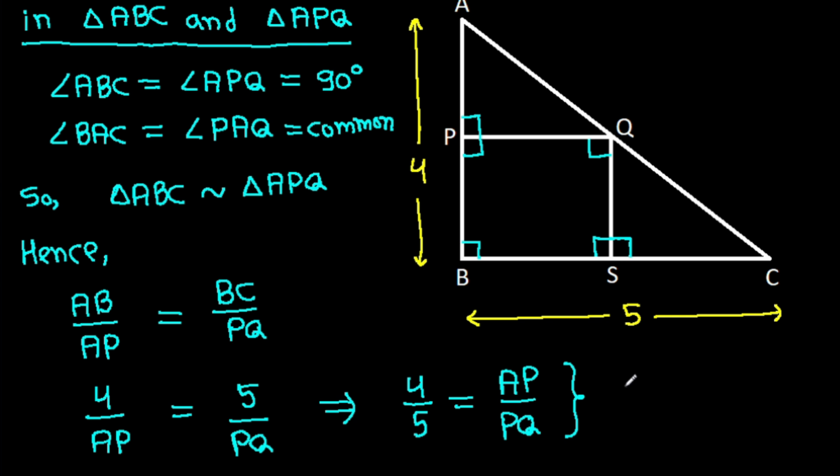That means if AP is 4A, then PQ will be 5A.